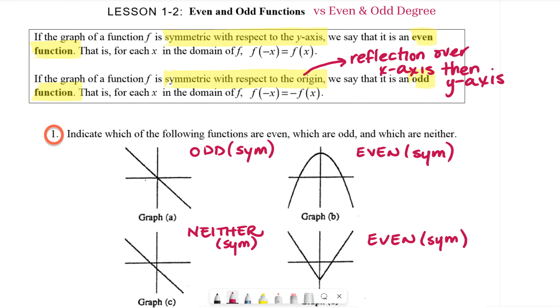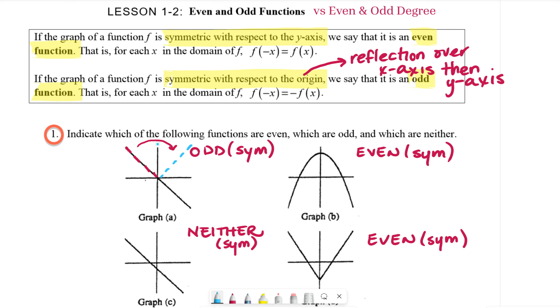If you look at graph A, and let's just imagine taking this piece of the graph, okay, I'm going to put dashed lines, and I want to reflect it over the y-axis, okay? Let's say I wanted to reflect it. Would you not agree that that graph would then end up kind of imprinting itself on this side, like so, okay? That's the reflection over the y-axis.